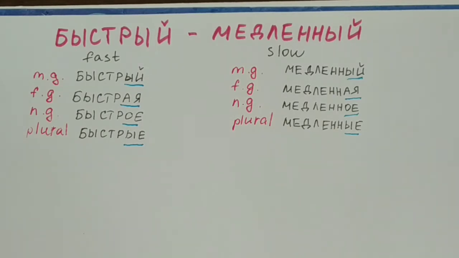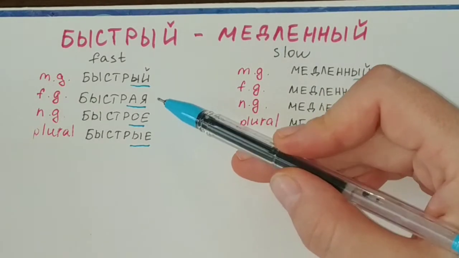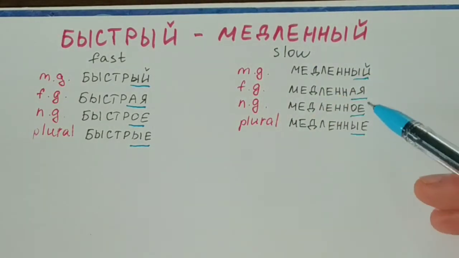When you have that done, you will have to use the adjective of the corresponding gender and plural or singular form. So if you have, for example, a noun of a feminine gender, singular, you will be having the adjective of the feminine gender singular form as well. So you will be using either быстрая or медленная.